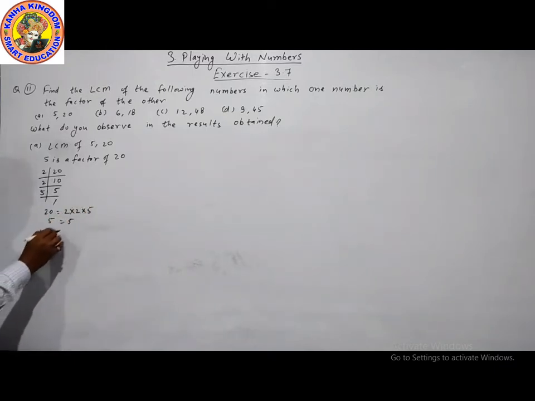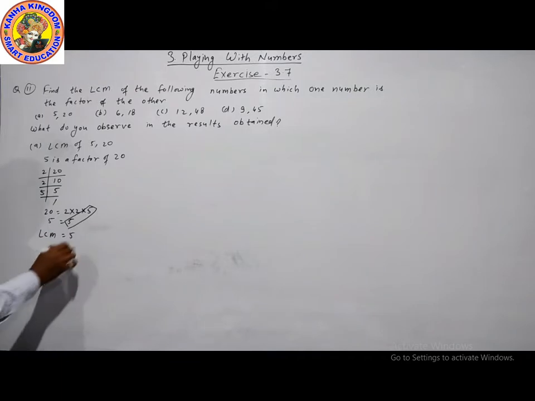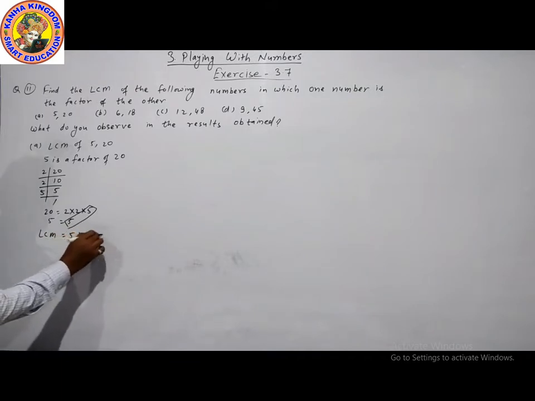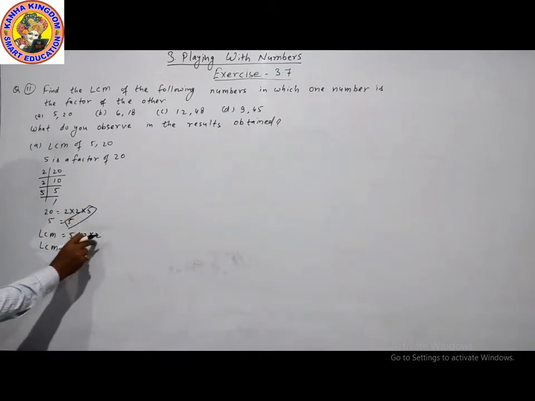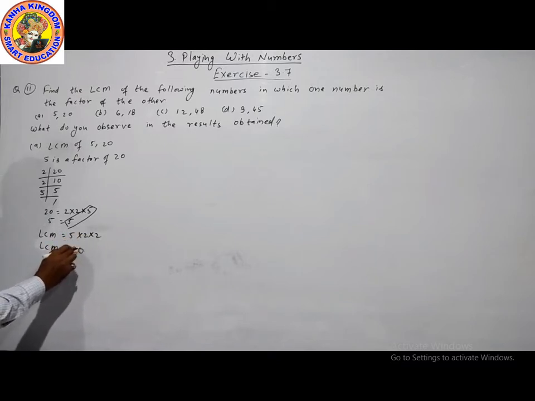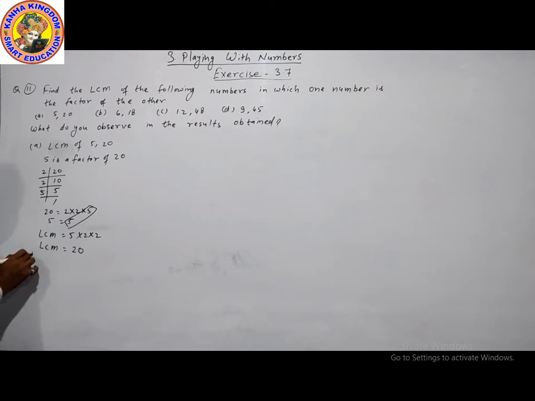Now taking LCM, first of all common factor. We will take common factor. Now remaining factors will be used. Remaining is 2 and 2. 5 into 2, 10, 10 into 2, 20. The LCM is 20. For first question, LCM is 20.